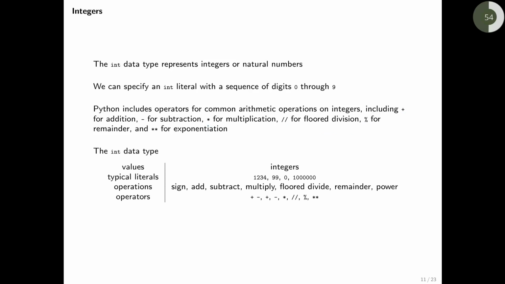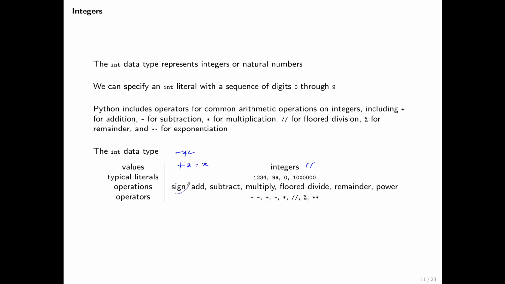So here is then the summary of the integer data type. The allowed values are all integers, and typical integer literals are 1234, 99, 0, a million, and so on. The operations you can perform are the sign operations, meaning you can turn a number such as 42 into its negative by saying minus 42. And plus of a number x gives you x back, so plus as a unary operation simply has no effect.